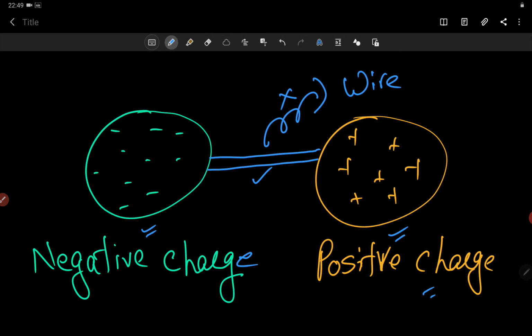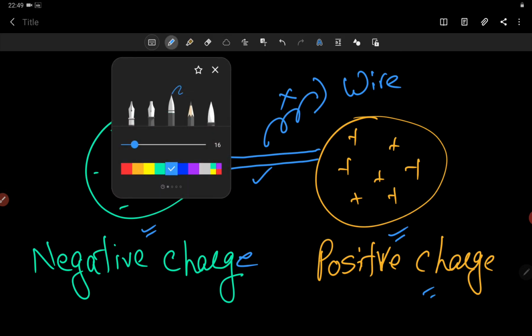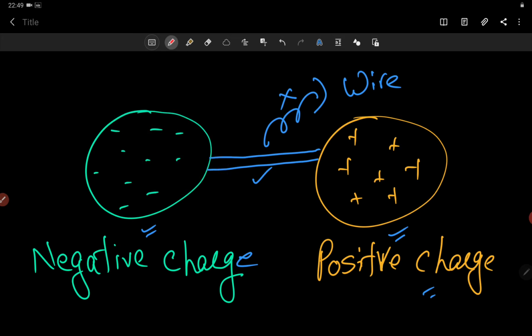Now in this particular wire, as you can see, this has an excess of electrons, and this has a deficiency of electrons. The electrons will try to flow from the negatively charged body, these red dots might be electrons, and they are flowing from the negatively charged body towards the positively charged body until both of them become neutral.